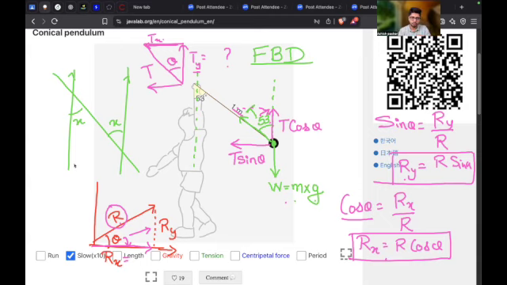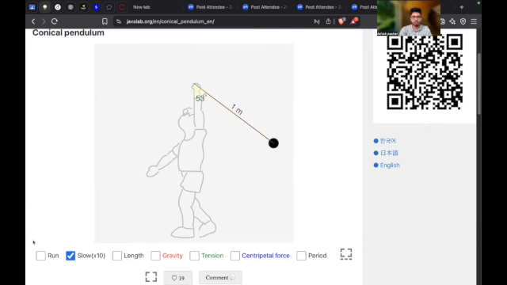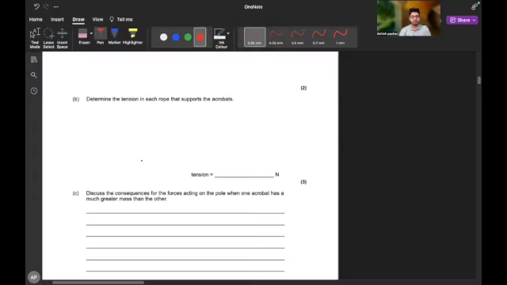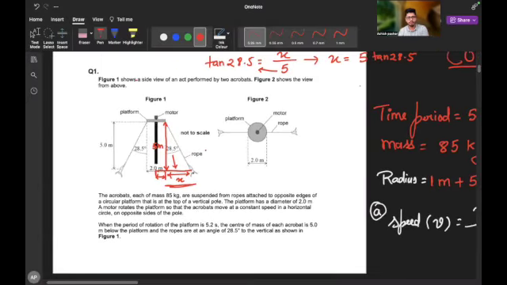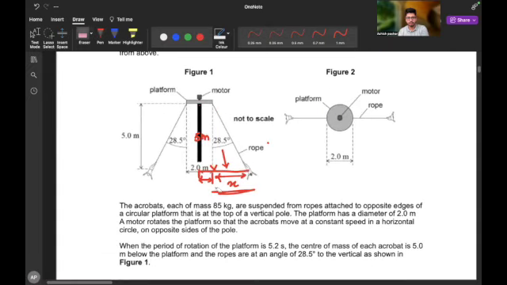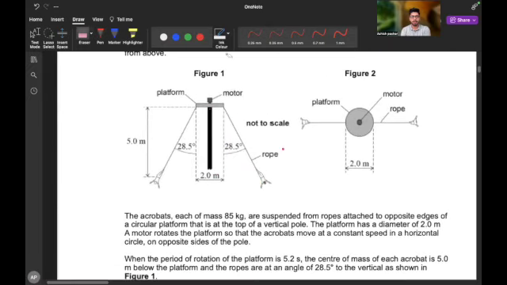So till now, let's try to draw the free body diagram for the question we have.